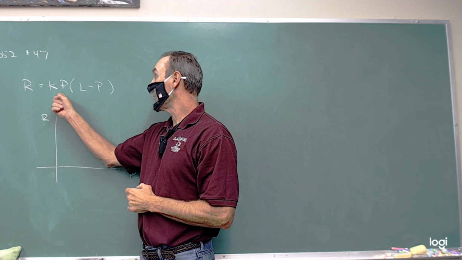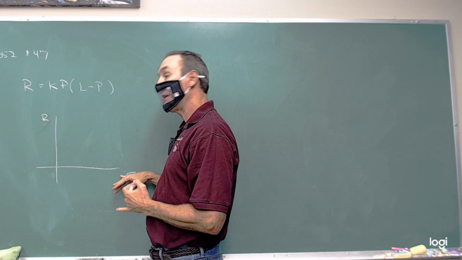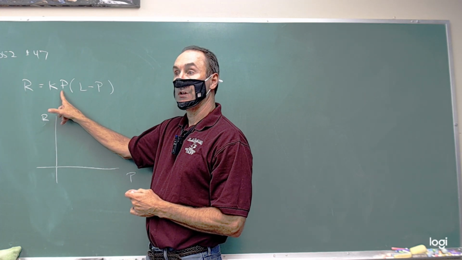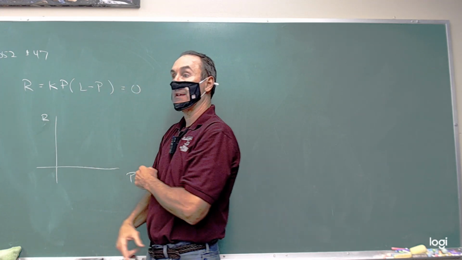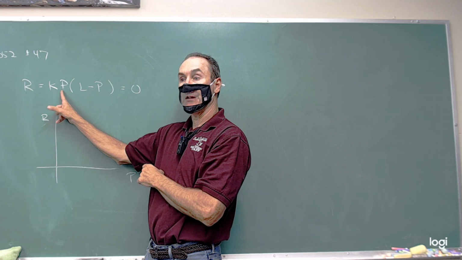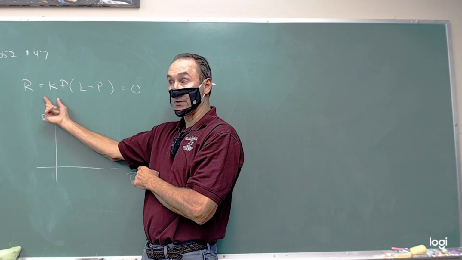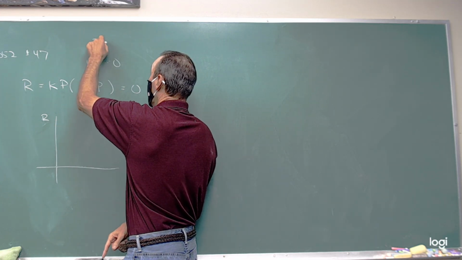So these are multiplying. So they will be equal to 0, the P-intercepts will be when P is equal to, if we set this equal to 0, P could be 0 because K is a constant. So if KP is 0, then divide by K, P equals 0.